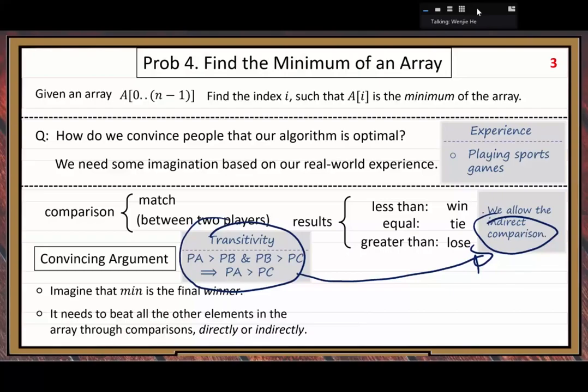If the min value beats a few other elements indirectly, no direct comparison, that's still okay, right? So this statement is correct. So no problem, we can move to the next step.